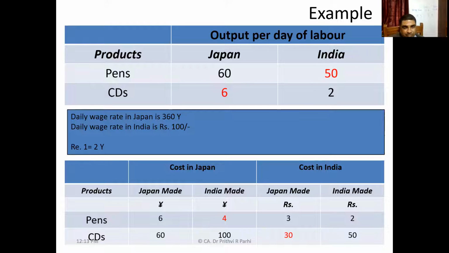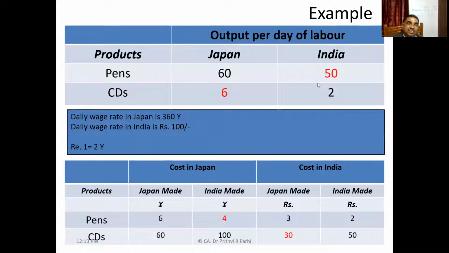Okay. Now let us assume that Japan is not producing. If Japan doesn't produce, then it will be importing from India. Yes or no? And you tell me, in India, how many pens can be produced in a day? 50 pens.